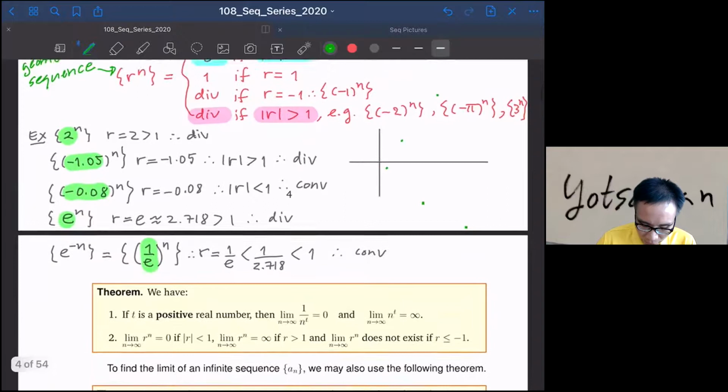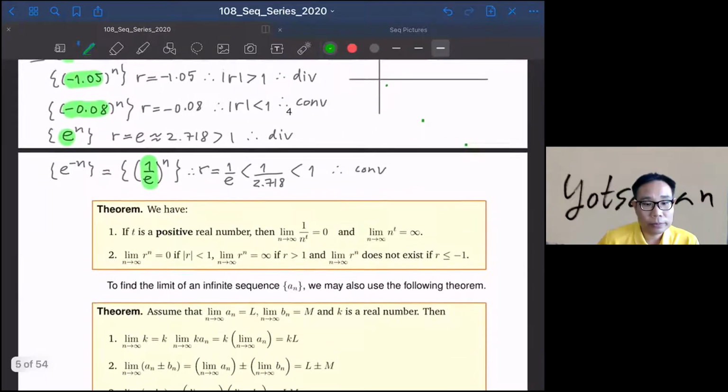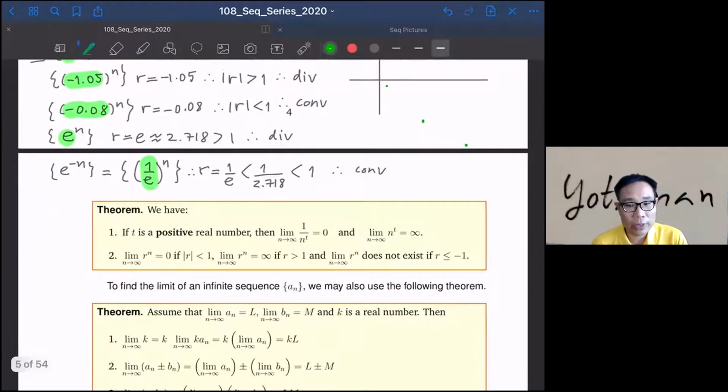Okay, so let me conclude that if you have t positive, and you'd like to find the limit as n goes to infinity of 1 over n to the t, this guy is going to become 0.